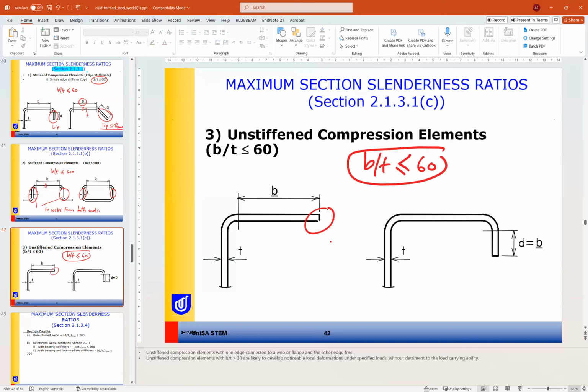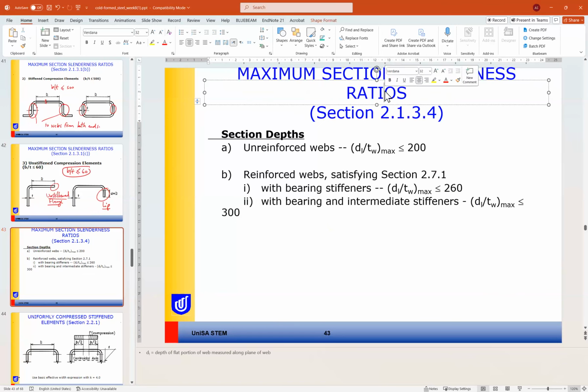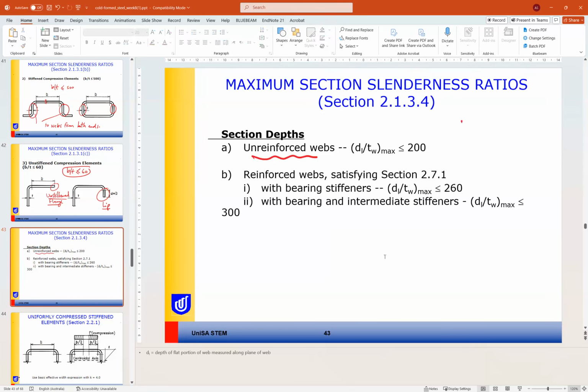So here, unstiffened flange, and if you're calculating for the lip itself, b over t should be less than or equal to 60. This is for the web: for an unreinforced web, d over t should be less than 200.